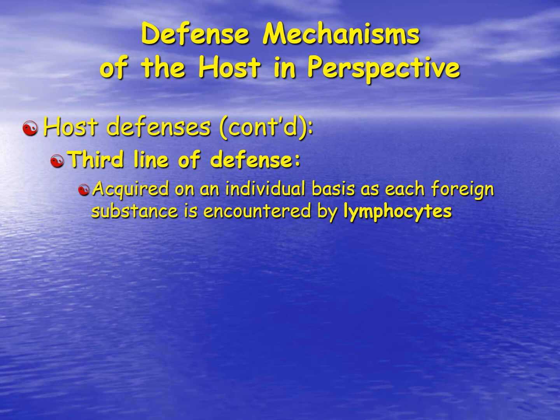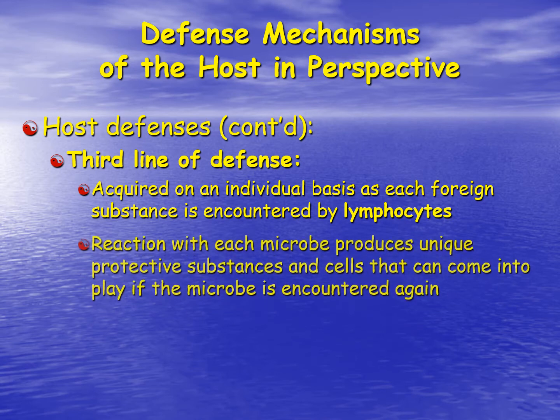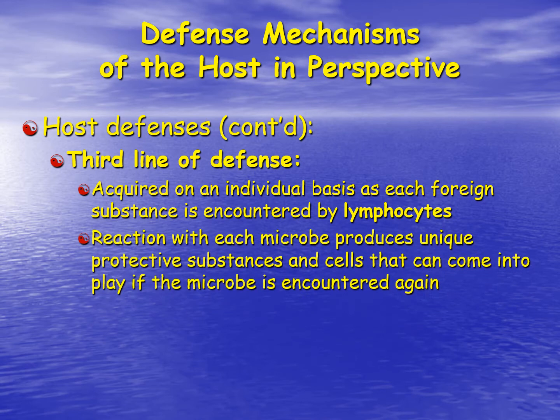While the inflammatory process, phagocytosis, and the acquired immune response all work hand in hand, there are some differences in all of them together. Reaction of each microbe in the third line of defense produces unique protective substances and cells that can come into play if the microbe is encountered again.